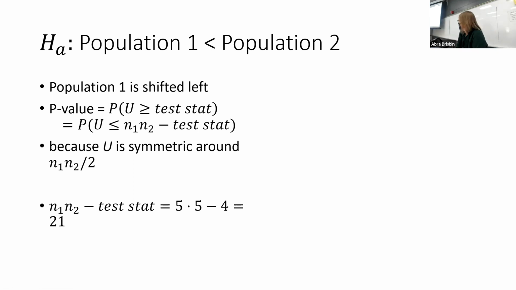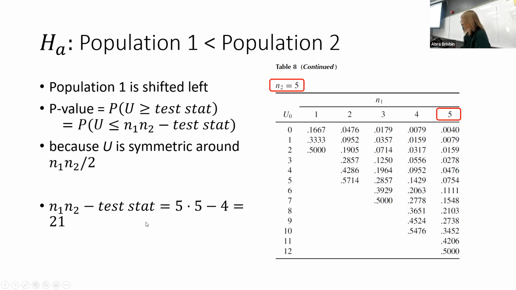So in this case, we would have N1 times N2 minus the test statistic. So 5 times 5 minus 4 would give us a value of 21. And then we'd be looking for what p-value in the table corresponds to a test statistic of 21.